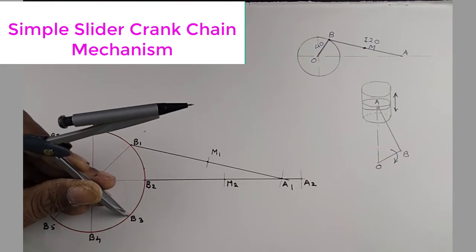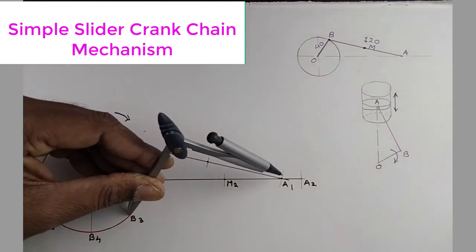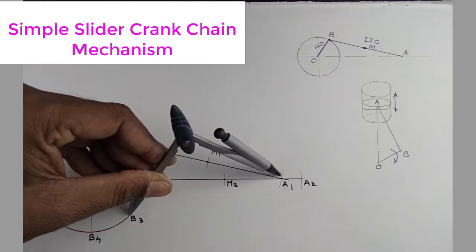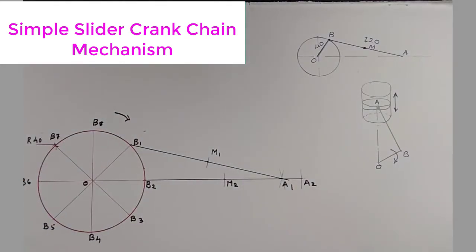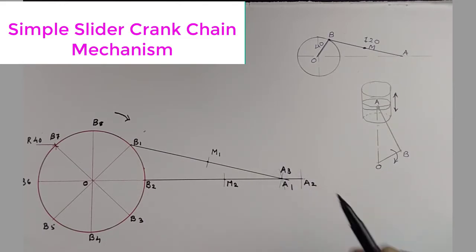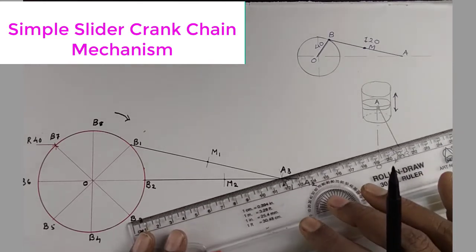So I go for B3 as a center. I draw the arc, and exactly we get A3 on the horizontal line, so I mark the A3 point here. Then I join B3 A3.